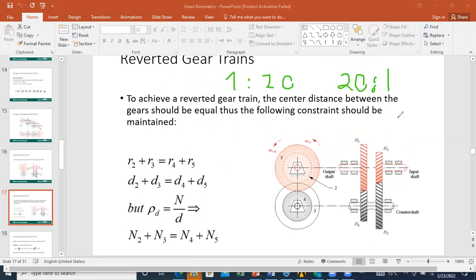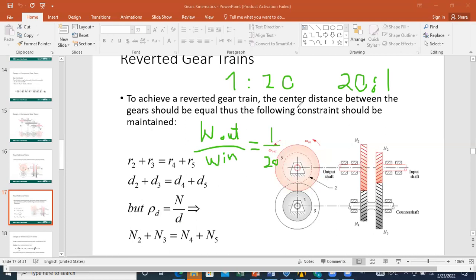Okay, you know that if you have to design a system in a way that your gear ratio is 1/20, this means that omega out over omega in should be equal to 1/20. So you are reducing the angular velocity.